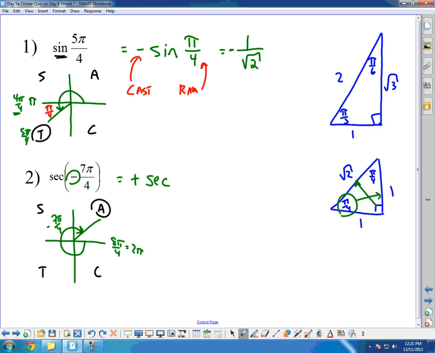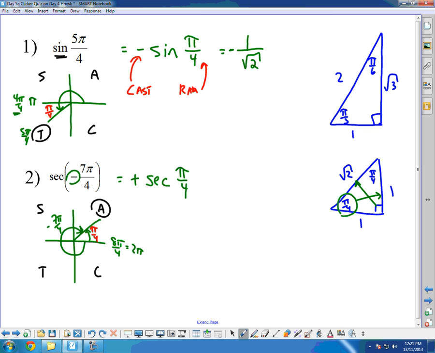So that means the related acute angle is just pi over 4. So then this is going to be the same as positive secant pi over 4. And this is one of those instances where the pi over 4 is not only the related acute angle, but it's also a coterminal angle. Because if you just went positive pi over 4, you'd end up at the same spot.